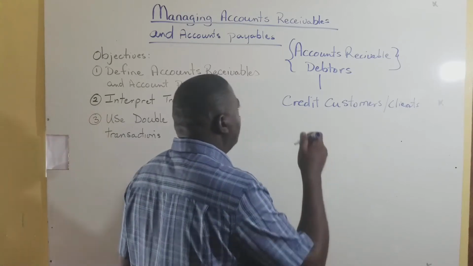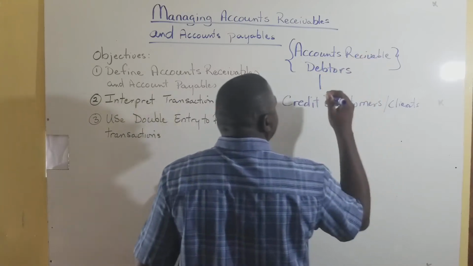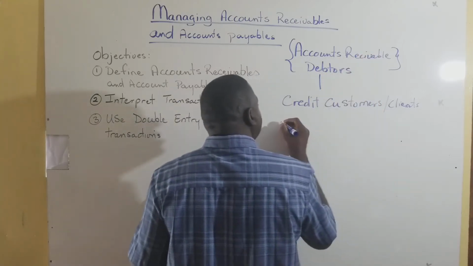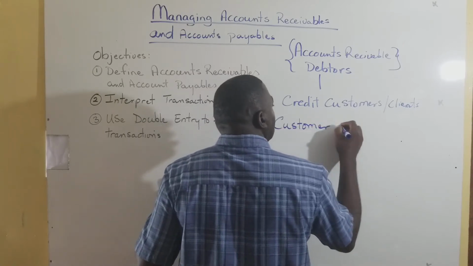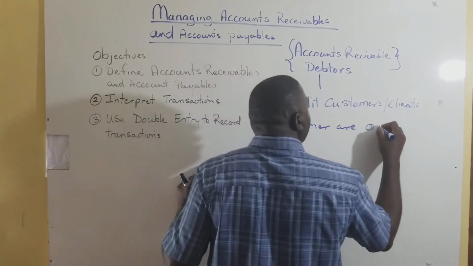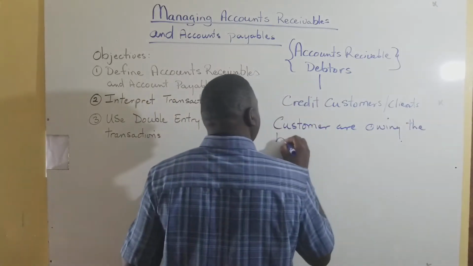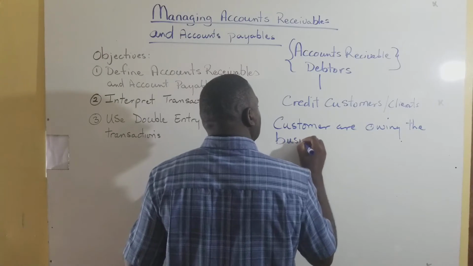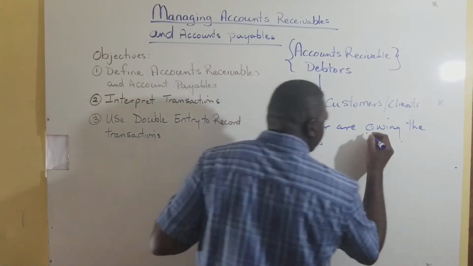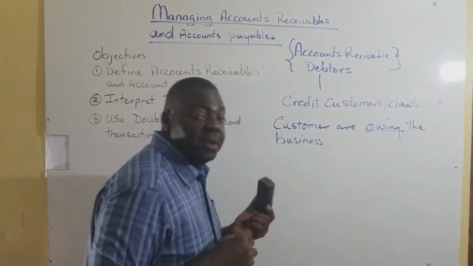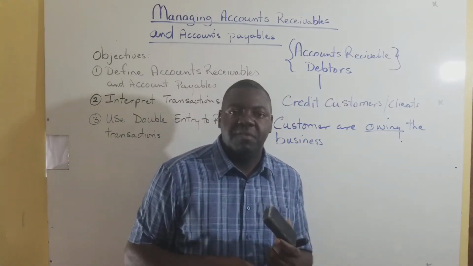So once we talk about accounts receivable or debtors, it means that the customers are owing the business. Very important. So they have gotten the goods or the service, and the customers have not paid yet.